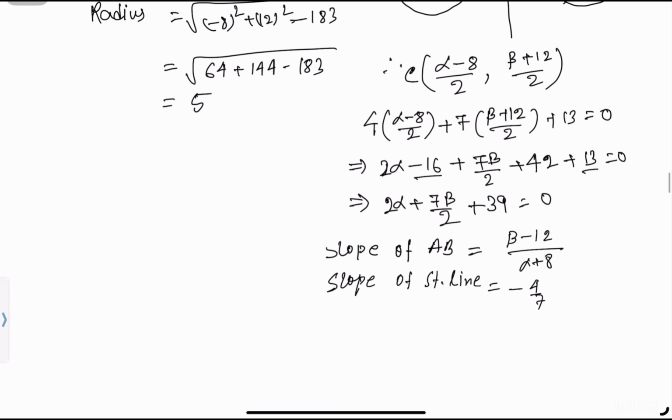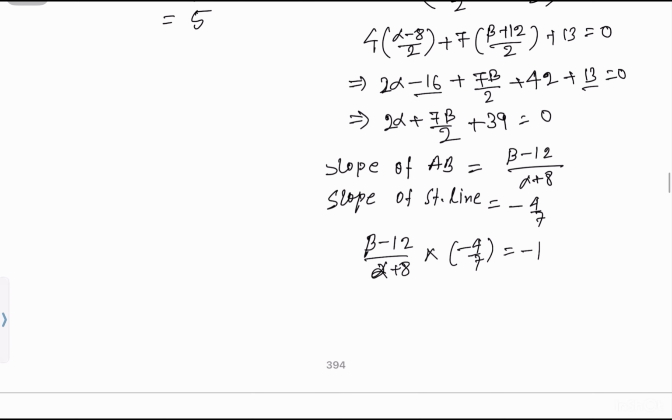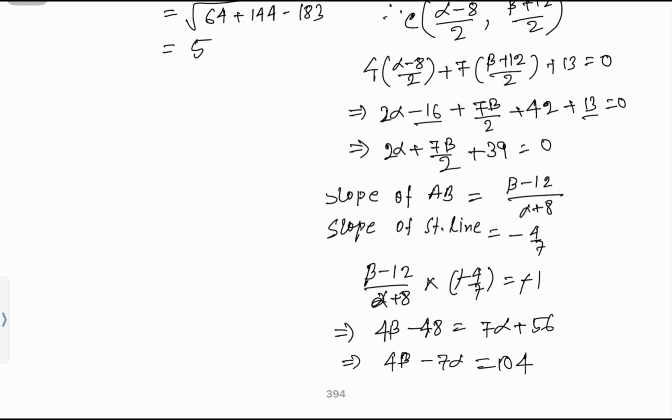Since AB and the straight line are perpendicular to each other, I can write beta minus 12 by alpha plus 8, multiplied by minus 4 by 7, equal to minus 1. This is the perpendicular slope condition. The minus cancels, and I can write 4 beta minus 48 equal to 7 alpha plus 56. Then 4 beta minus 7 alpha equal to 104.